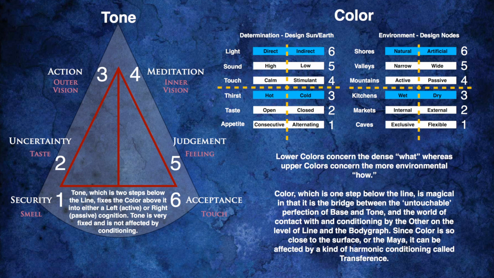Now first we're going to move through each color in terms of determination and environment, in terms of cognition and lifestyle, and also dietary stuff with the determination, and then environment, what environment your body is most harmonically aligned with. After we move through each of these colors, then we're going to move into transference, what it is, and also how to get out of it.